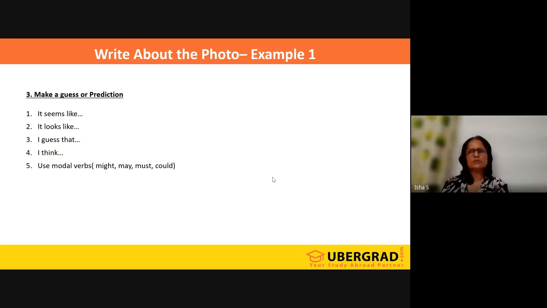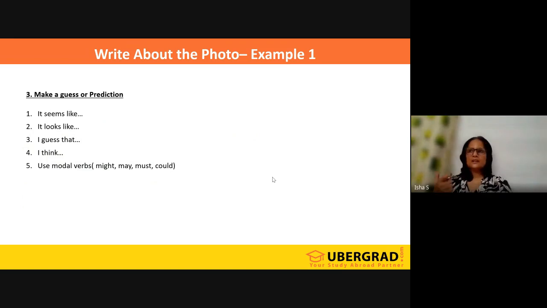May we use when the possibility is higher, might we use for a hypothetical situation, which is something we're imagining and assuming. Must we use when things are 100% certain, and could we use for possibility. There are various other situations where we use could also. Now shall we do the guessing and prediction part? Your time starts now. Let's do the prediction.